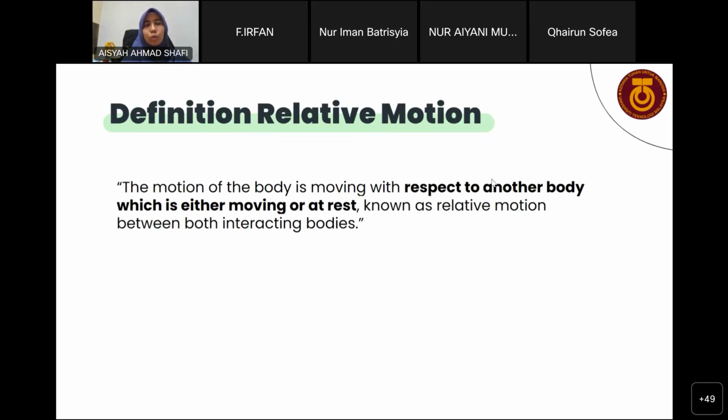Relative motion can be defined as the motion of a body moving with respect to another body, which is either moving or at rest. This means they are relative to each other, so it is relative motion.